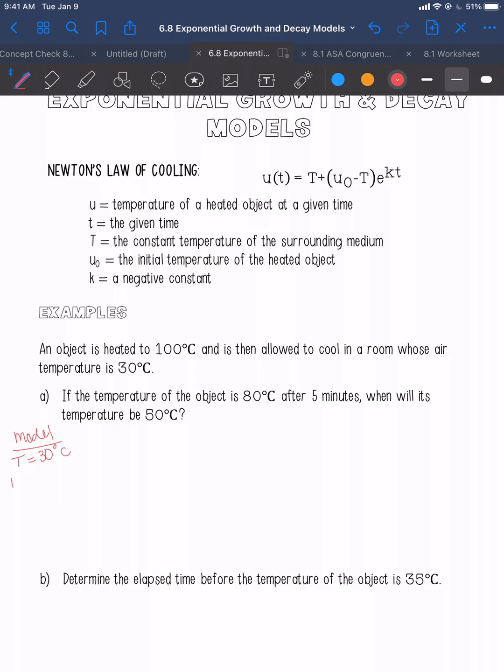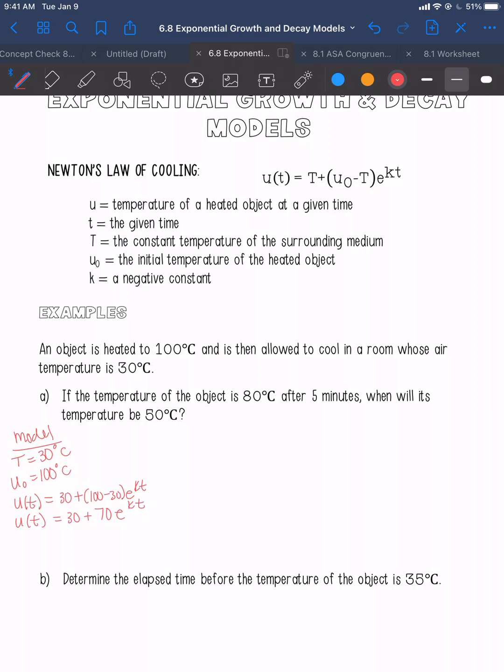And the initial temperature of the object is 100 degrees Celsius. So if we plug that into our function, U of t equals 30 plus 100 minus 30 e to the kt. So U of t equals 30 plus 70 e to the kt. That's all we had from that first initial part.